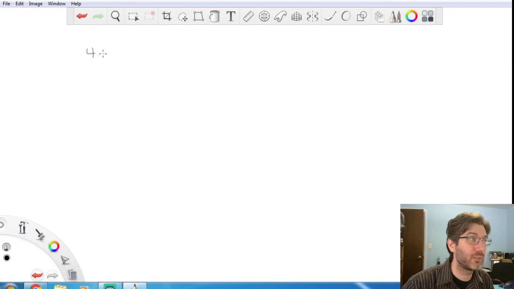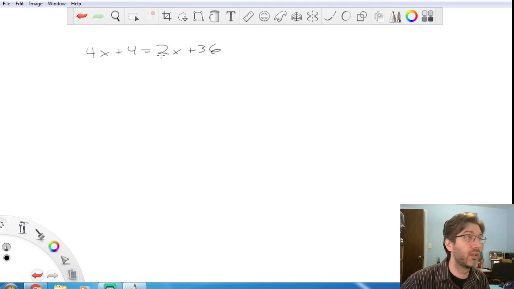So our next example is 4x plus 4 equals 2x plus 36. Again, we want to find out what x equals. So in order to do that, we need to get x by itself, or together first. So here we have 4x, here we have 2x. I can either bring the 2x over, or I can bring the 4x over this way.